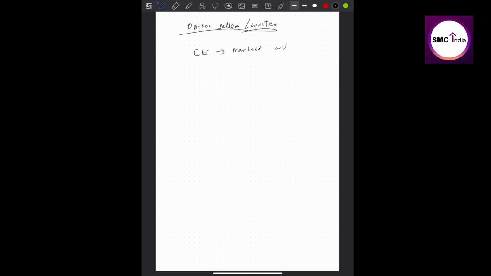For an option seller or writer, CE means he is betting that the market will go down, and PE means the market will go up. Option seller and option buyer, that's the difference between CE and PE.